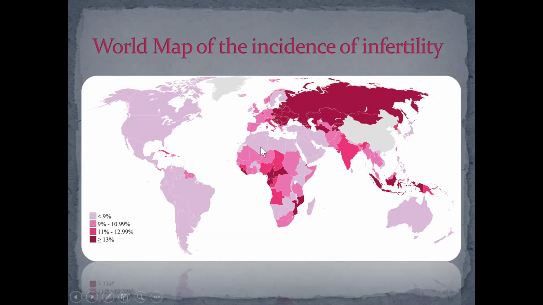In most of Africa, the incidence of infertility varies from 11 to 12.99%. And the maximum level of infertility, more than 13%, we observe in the Eurasian continent, in some countries of Africa, and also Oceania.